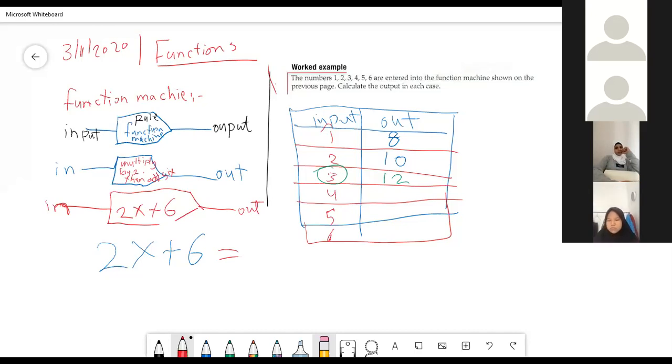Exactly. Rayan, what will be the output if the input is 4? 14. Okay, 2 times 4 is 8, plus 6 is 14. Exactly. Ithar, what will be the output if the input is 5?